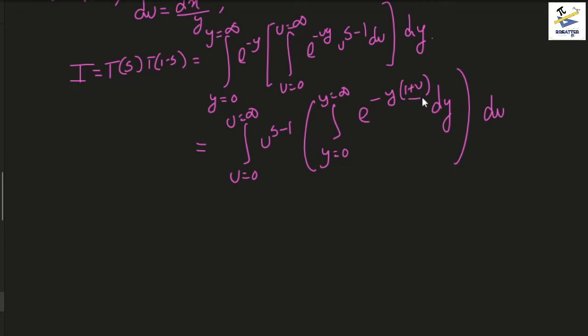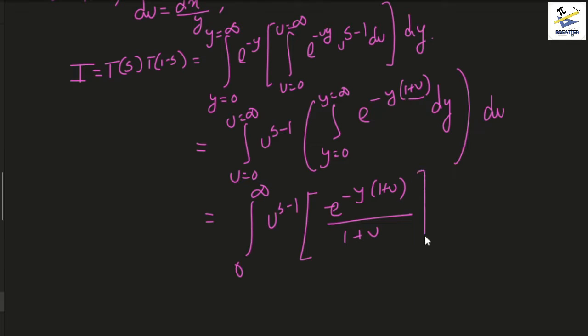Understand that u is a constant in this integral because it's just a variable y, so it will be 0 to infinity u to the power s minus 1, and inside it will be e to the power minus y into 1 plus u by 1 plus u. There would be a minus here, and it would be from 0 to infinity du.